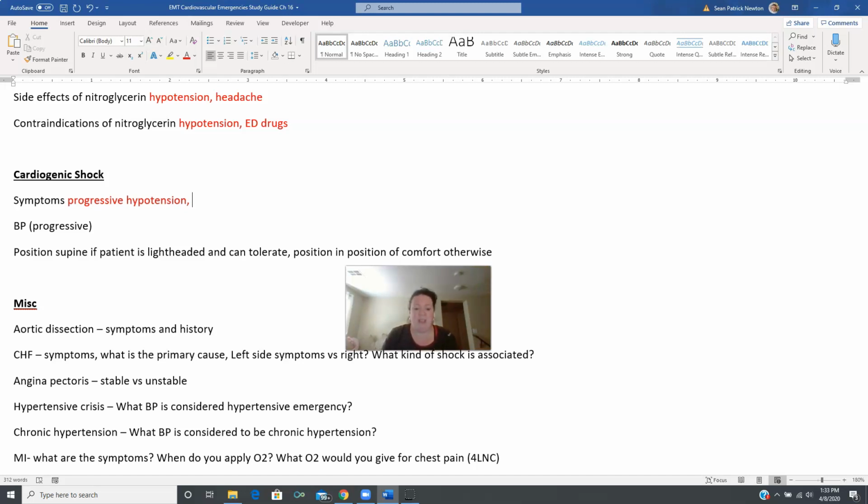So hypotension, and then pale, and they could be diaphoretic. And then really we could see symptoms of congestive heart failure. So we've got a bad, weak pump, so we can back up fluid into the lungs and have pulmonary edema, crackles, fluid in the lungs, shortness of breath, or if it's on the right side, we could get JVD.